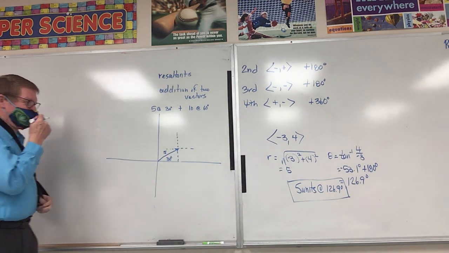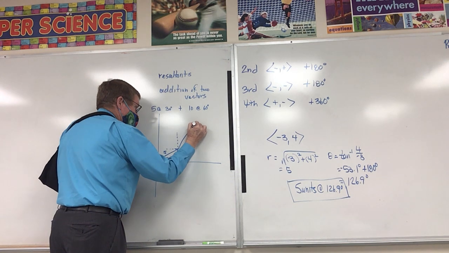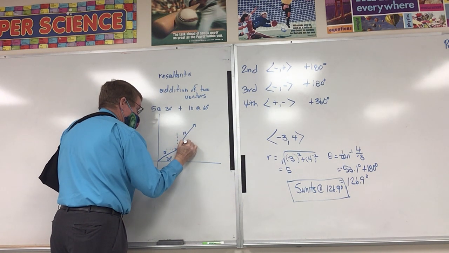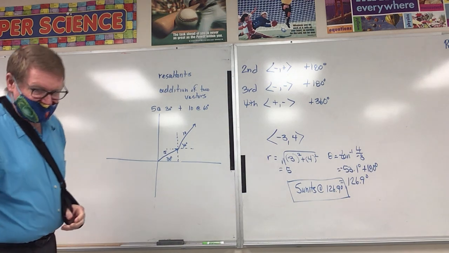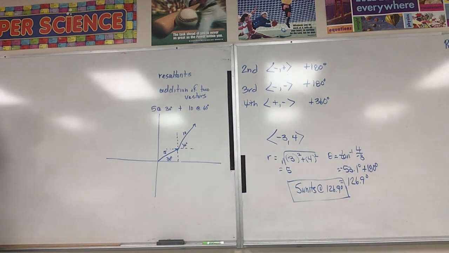And now I'm going 10 units at 60 degrees. So if I look at these vectors in vector form, they make a right triangle.